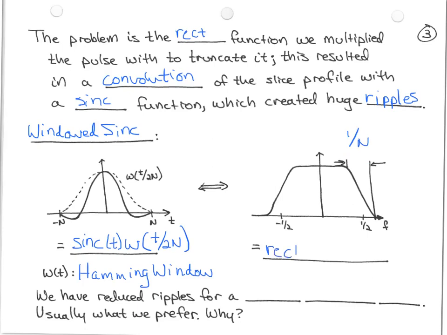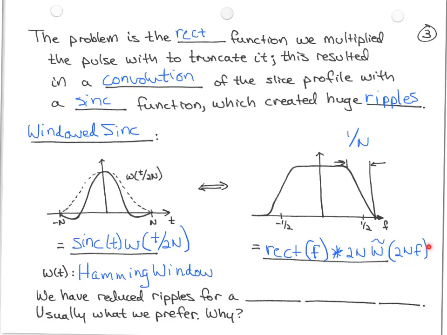So mathematically, this function is rect of f, that's the Fourier transform of sinc of t, convolved with 2 times capital N times W of 2 times capital N times f. Okay, that's the Fourier transform of w. So this should be little w, and that is really a capital W, right? So I'll call this maybe tilde W, just so you can see it in my notation there.